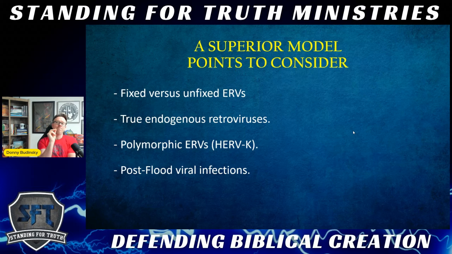Now remember, if retroviruses are coming from retro elements and even ERVs that have these functional roles, they were created, designed with these functional roles. Okay. Well, that means the retroviruses could take attributes of those retro elements with them.